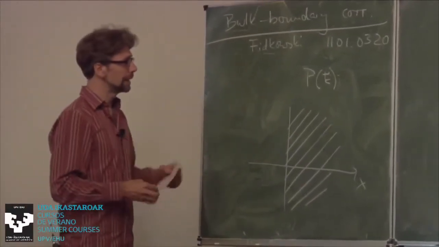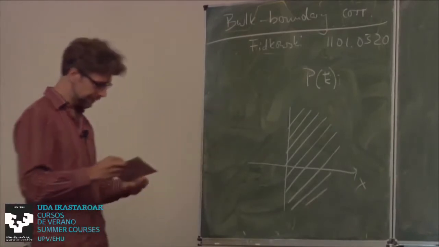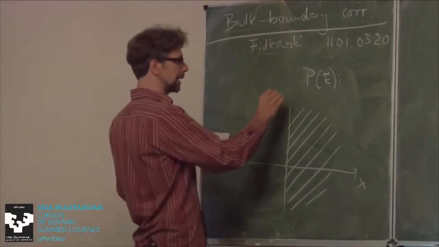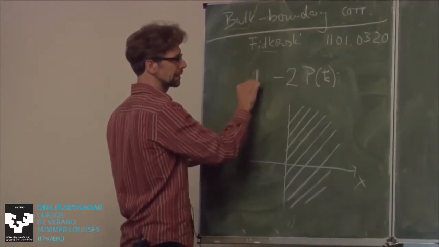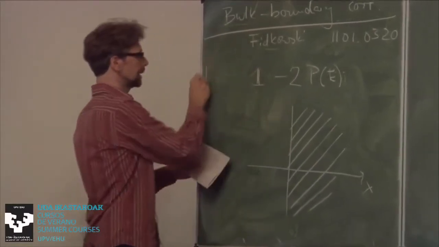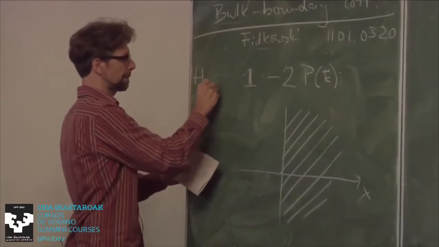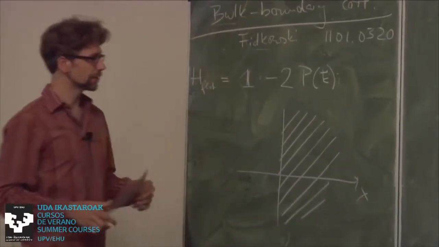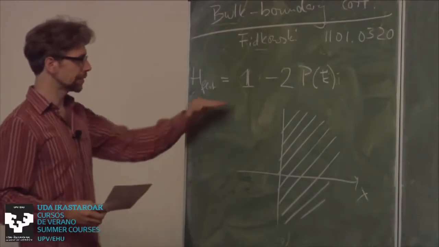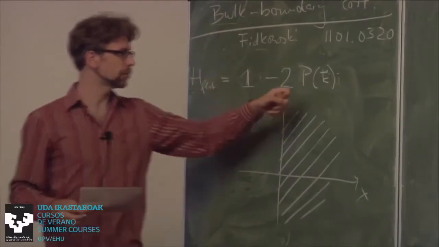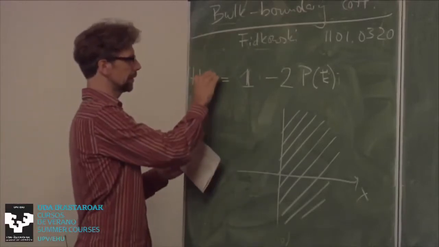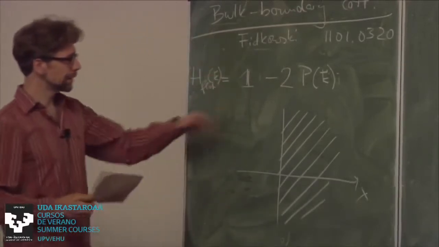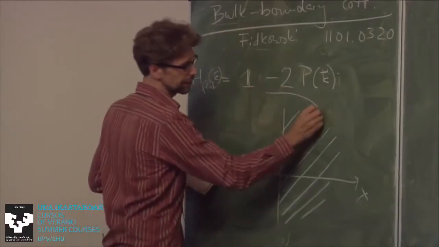And now, for simplicity, we'll look at the Hamiltonian that is spectrally flattened, as one says. So in the bulk of the system, we want to look at a Hamiltonian that's written as 1 minus 2 times this projector on the occupied bands. And that also depends on these momenta. So this is the Hamiltonian that describes the system in the bulk.